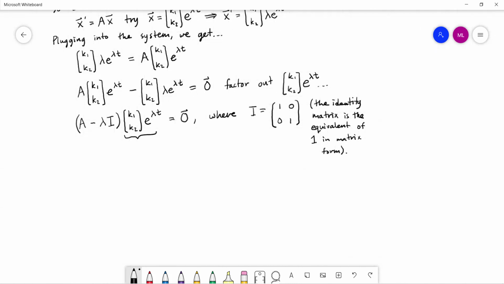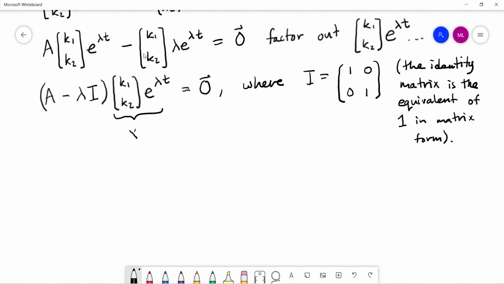Basically, we just factored out x. So this is x. We could make this term be 0, right? So we've got an equation now. I've got this stuff times our vector x equals 0. One obvious solution to that is that x itself could be 0, but that's called the trivial solution.